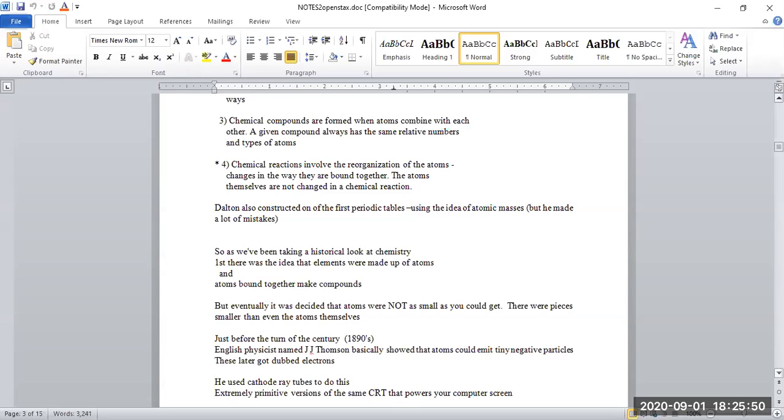Mendeleev organized it a lot closer to the modern day periodic table, and he still had some errors too, because there were a few things that he stuck in the wrong columns. So it's a stepping stone process. Mendeleev is the one who had the closer version, but he wasn't exactly the originator. Okay.